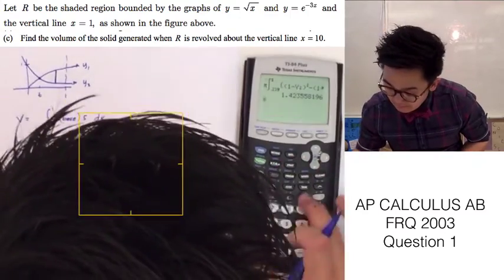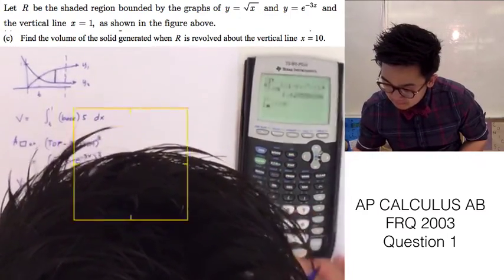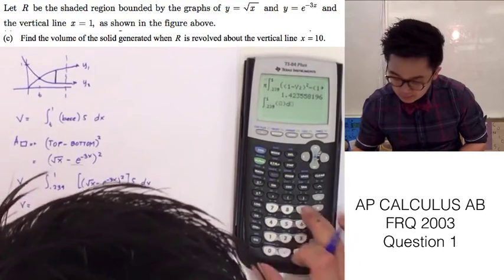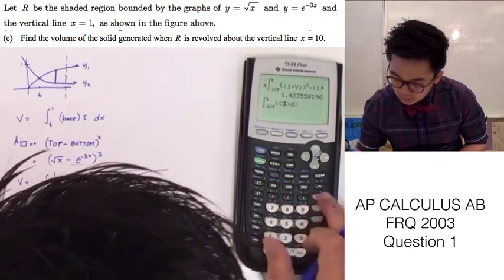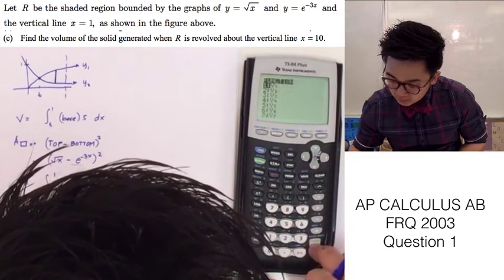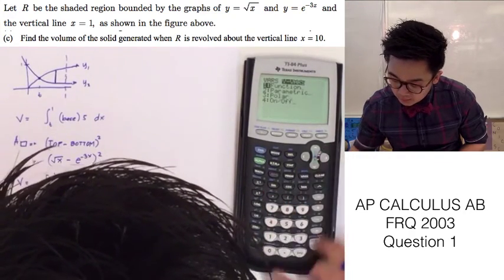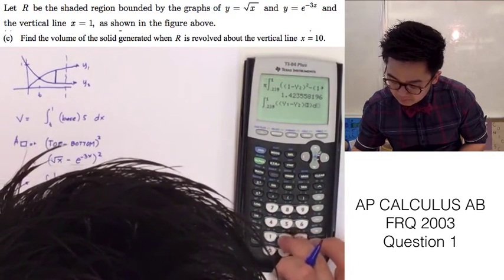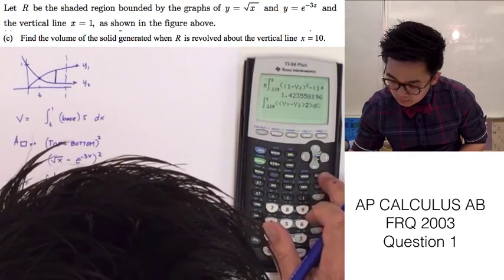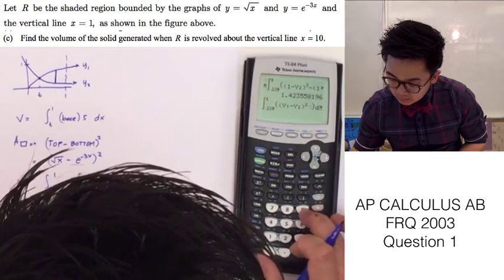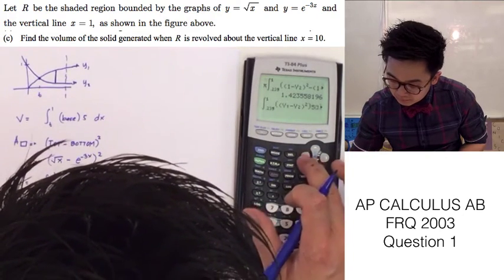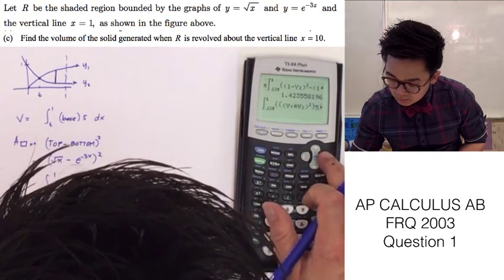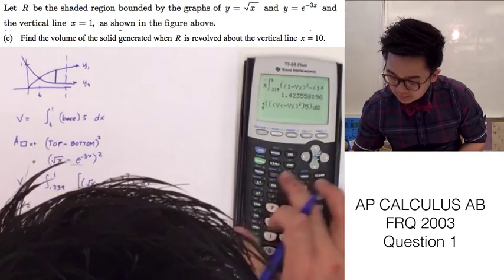So let's have math 9, from 0.239 to 1 of the square of y sub 1 minus y sub 2, and let's square it, and multiply it with 5. dx.